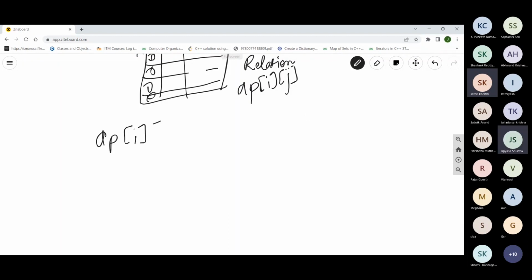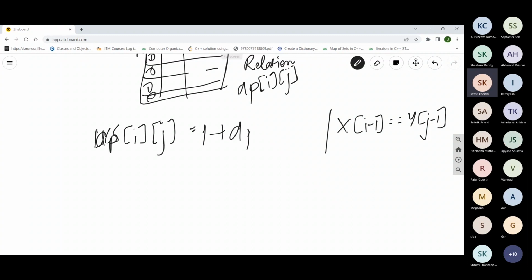For dp of ij, when you say LCS, you just have to check if x of i minus 1 is equal to y of j minus 1, then it will be 1 plus dp of i minus 1, j minus 1.